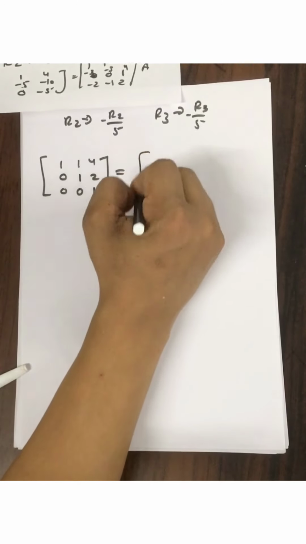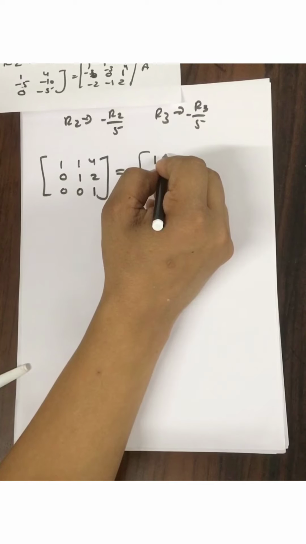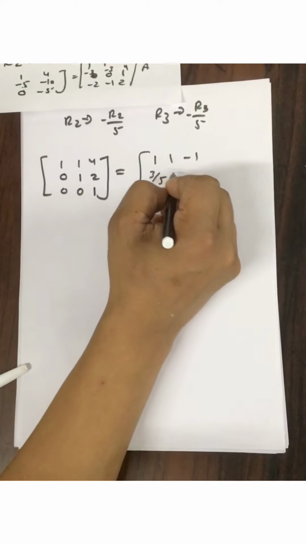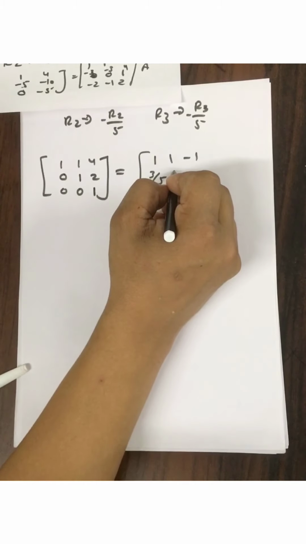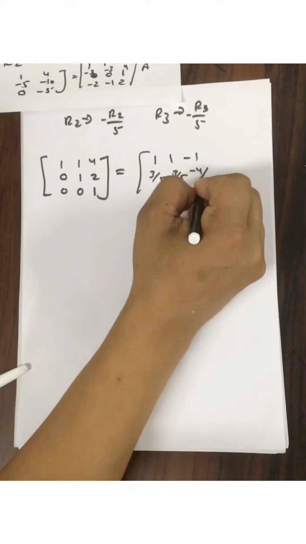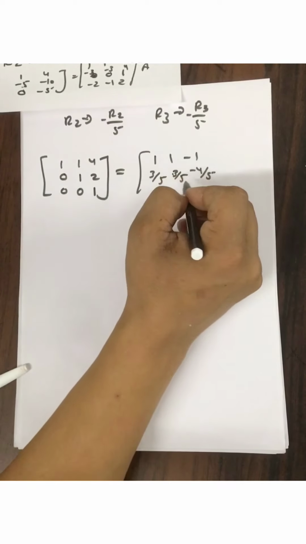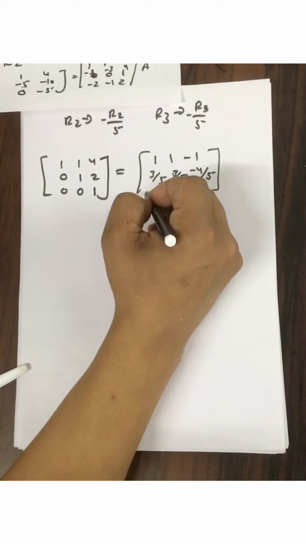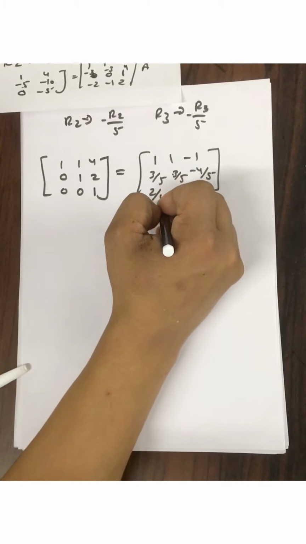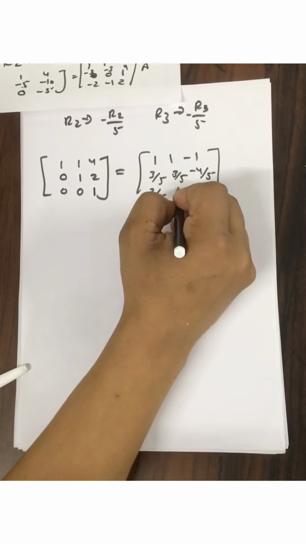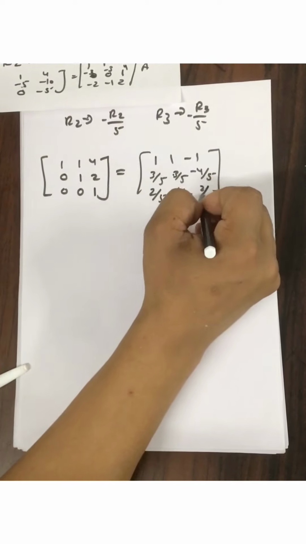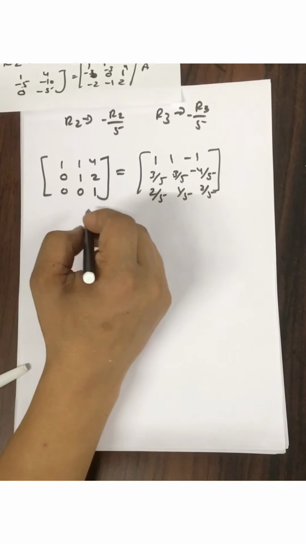Okay, this side 1, 1 minus 1, this will remain like this, this will be 3 by 5, this will also be 3 by 5, this will be minus 4 by 5, correct, and this will be 2 by 5, yes, this will be 1 by 5, and what was the previous step, 2, this will also be 2 by 5. Okay, got it.